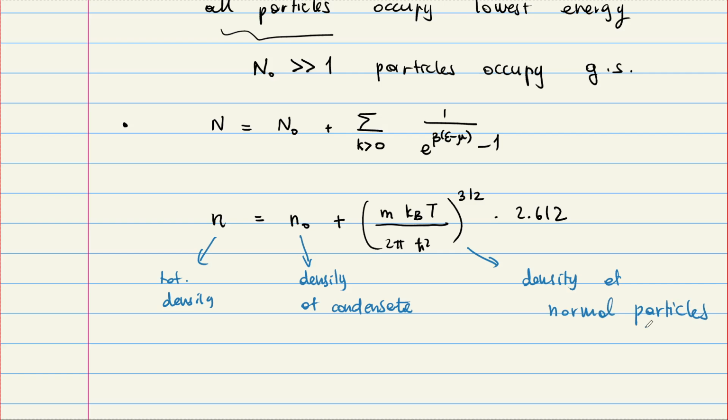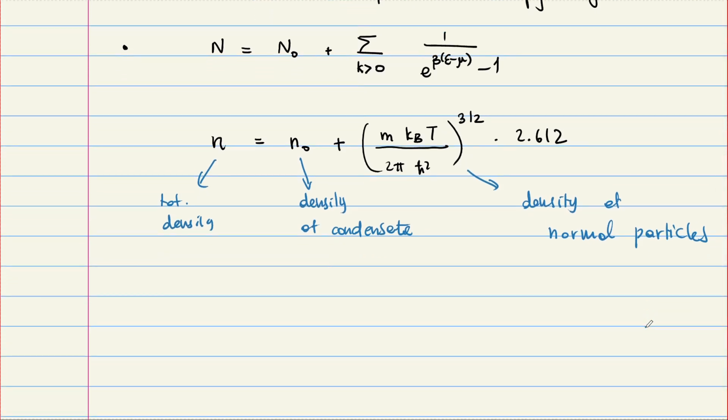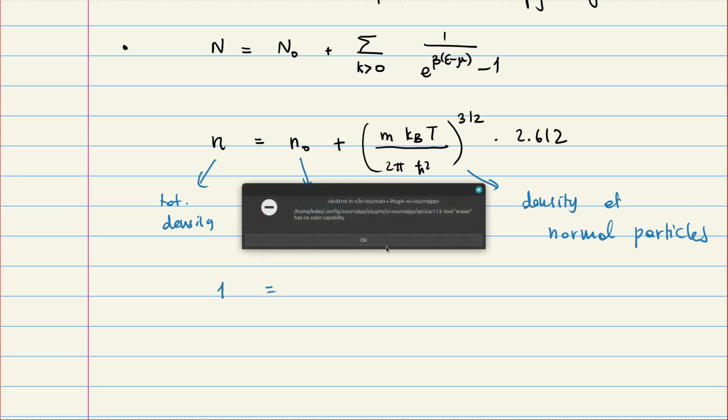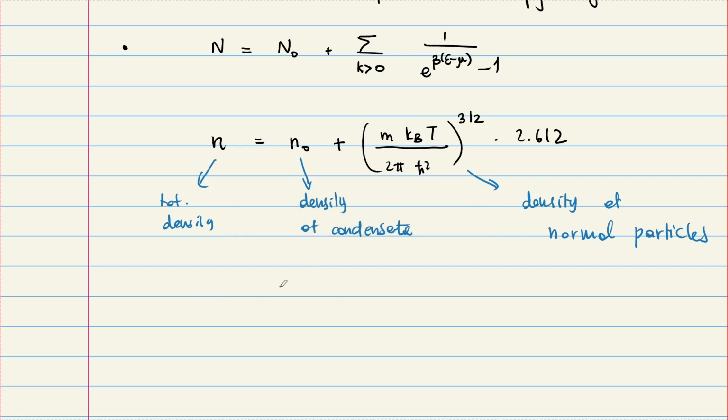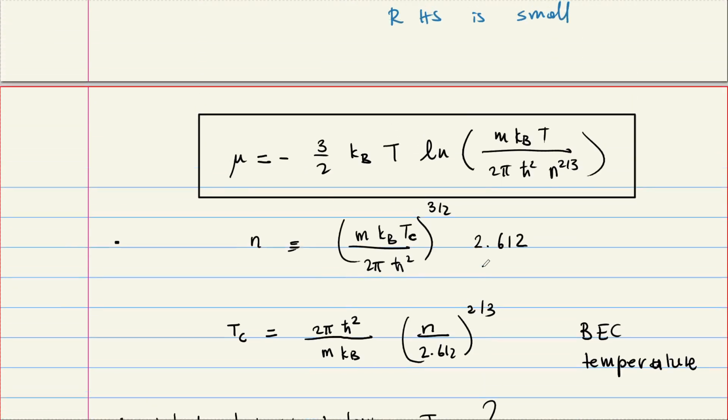Good. And we also found an expression for n above. We can divide everything by n, and what we find is that 1 is equal to n0 over n plus T over Tc to the 3/2, and we found an expression for Tc.